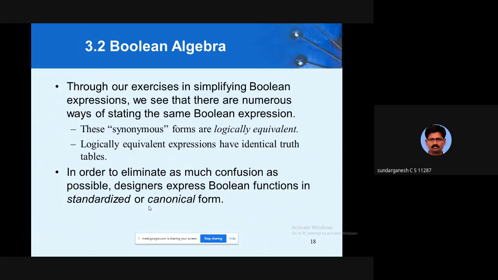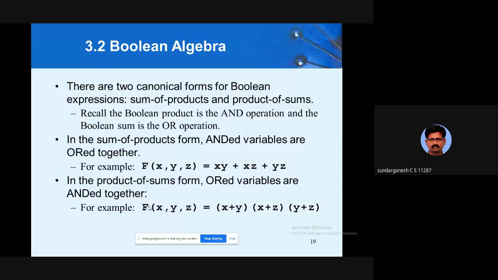So in order to eliminate the confusion in the course outcomes, you have to express these Boolean functions in canonical form. So instead of writing in zeros and ones or in variables, they are writing in canonical form. That will be very, very easy. So in Boolean algebra, we have 2 canonical forms.